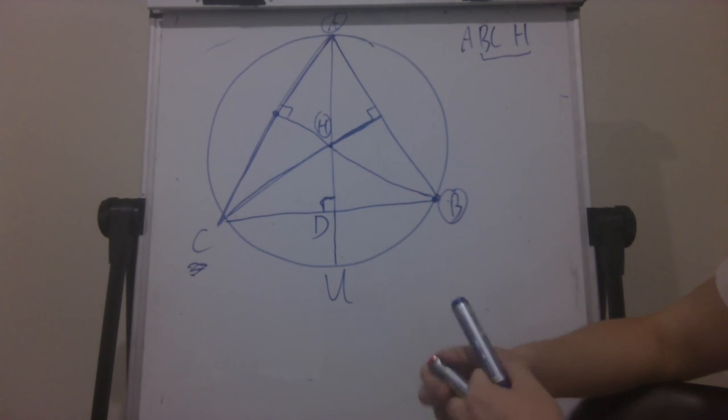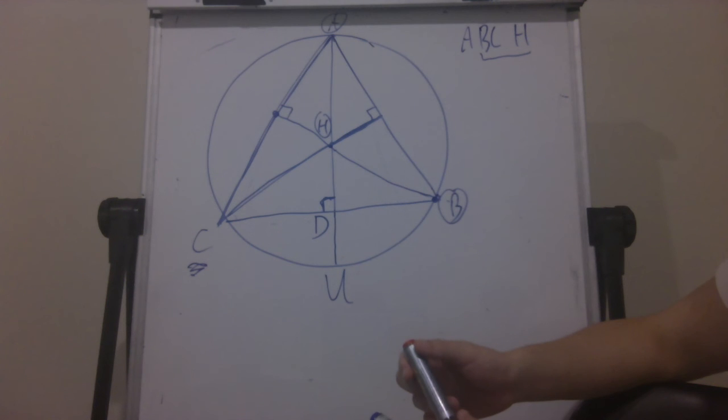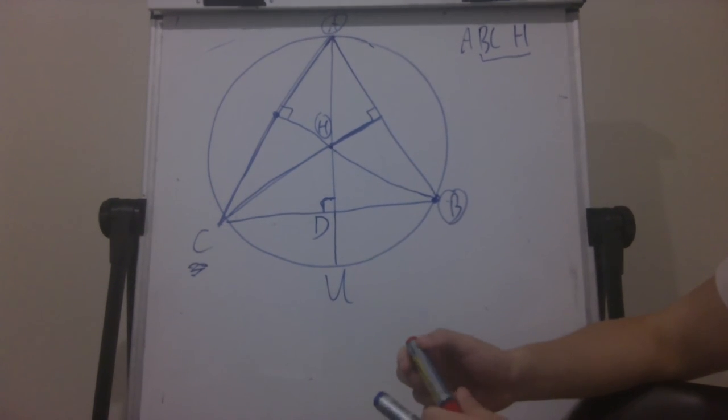How can we be so sure? You just prove that it's a kite. Yes, correct. Have we all agreed on this?